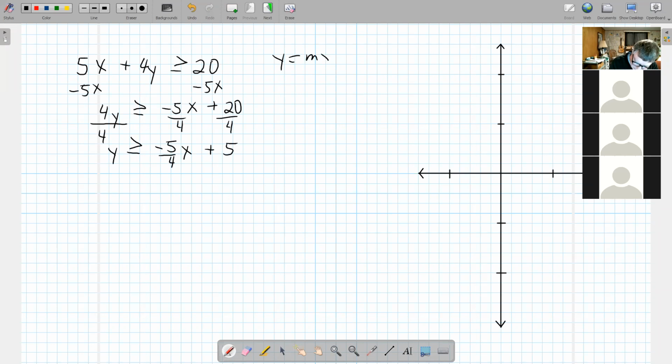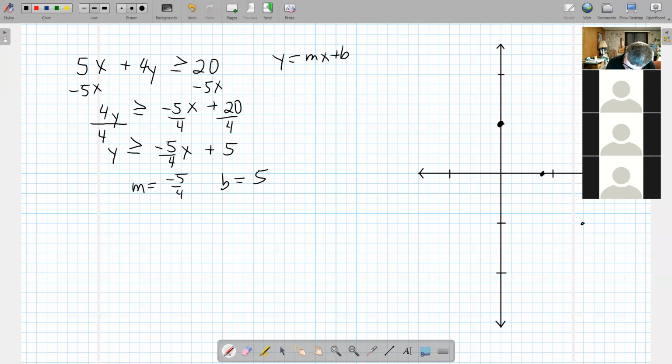Y equals mx plus b, where m is the slope. So in this case, the slope is negative 5/4 and b is the y-intercept. So b is 5. Okay. Now, I'm going to plot the y-intercept. And then using the slope, going from left to right, I'm going to go down 5 and over 4.